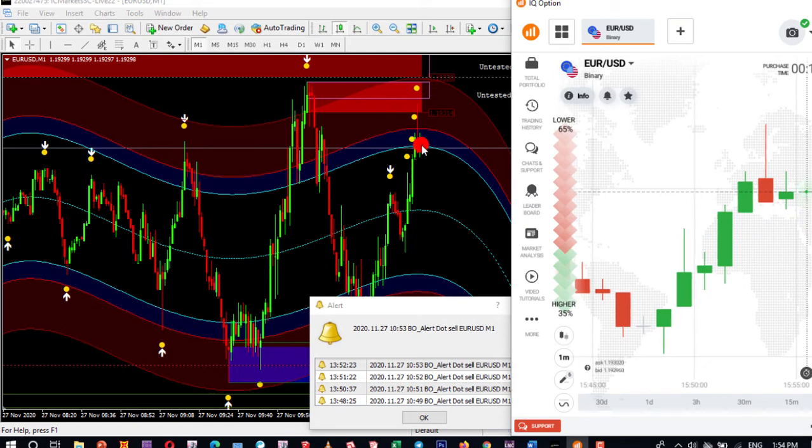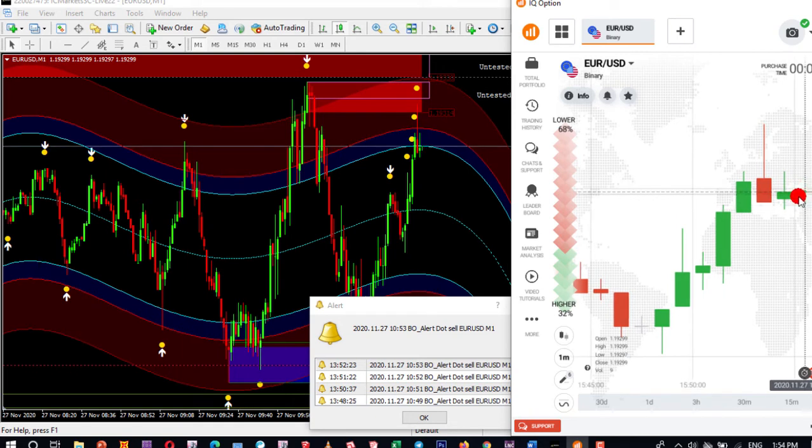Now this is a very weak candle. We can see this is a retracement candle. So the next candle will be red. Let's see.